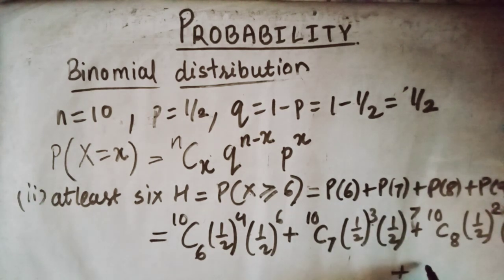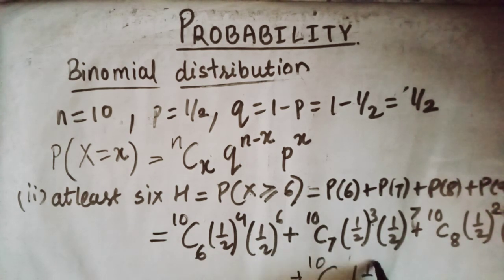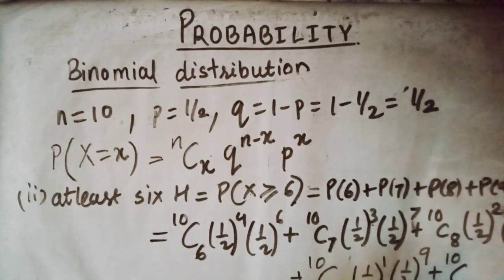Then before the last one, 9 is there: 10c9 (1/2) raised to 1 and (1/2) raised to 9, and 10c10 (1/2) raised to 0 and (1/2) raised to 10.